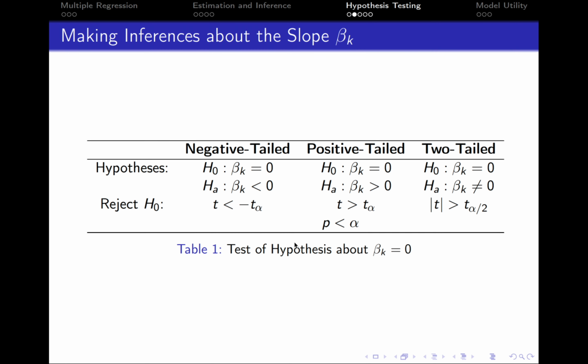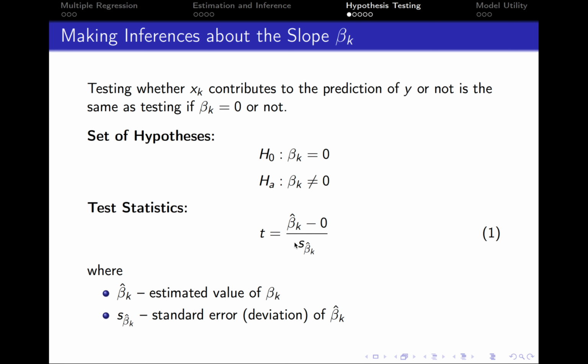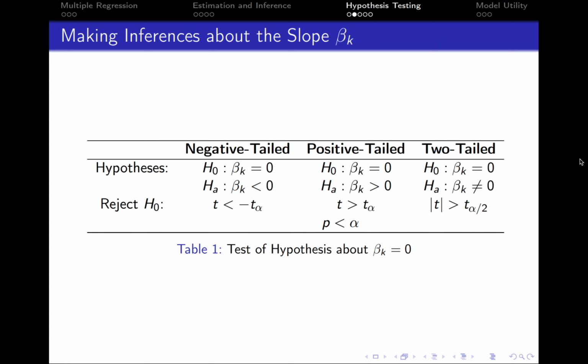After this, we need to decide which test we have. The one that we see here is a two-tailed test, and for this test, the null hypothesis is rejected when the estimated t-value in absolute terms is higher than the critical t-value at the level of significance alpha over 2.